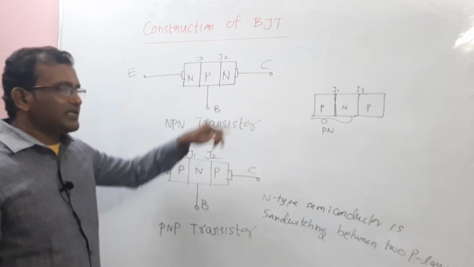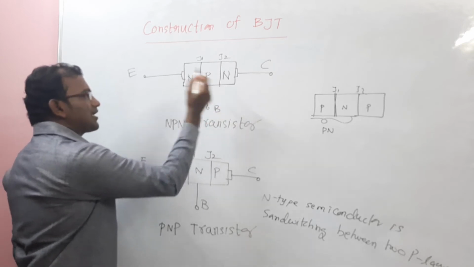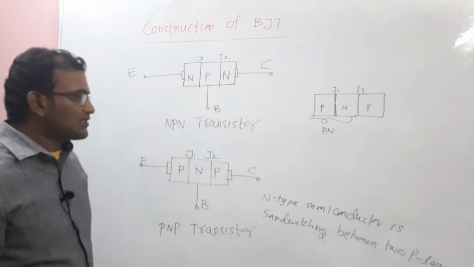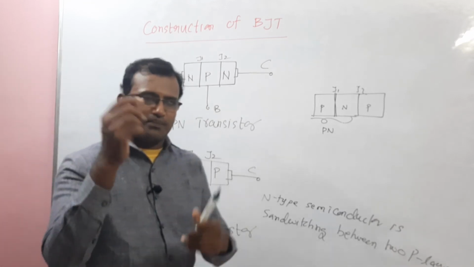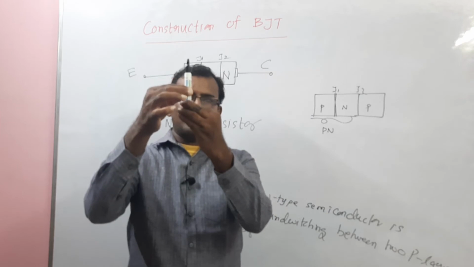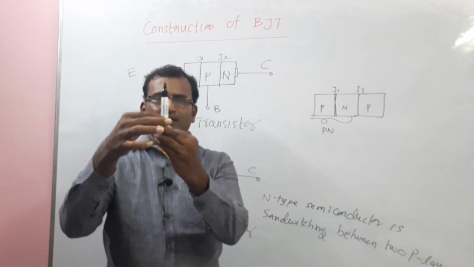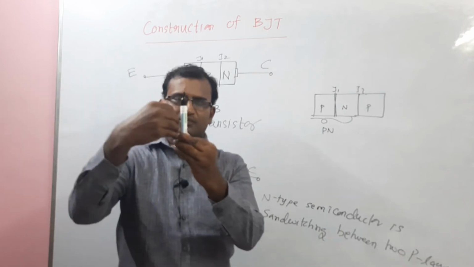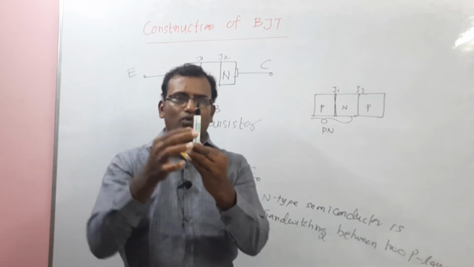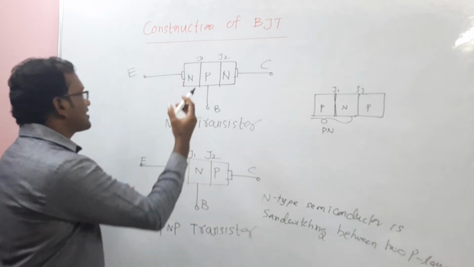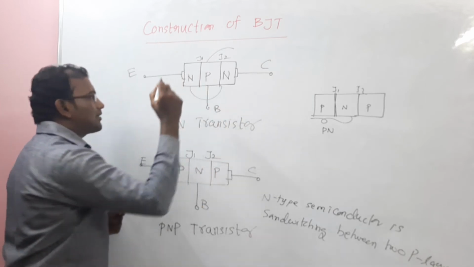Similarly, in NPN transistor, a P-type semiconductor is sandwiching between two N-type layers. Just take one material, that is N-type material, as the middle layer, then two P-type regions sandwiching it. In the NPN, two N-type and one P-type, so the middle layer is the P-type semiconductor sandwiching between two N-type semiconductors.